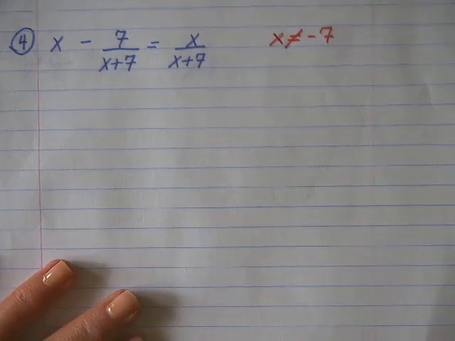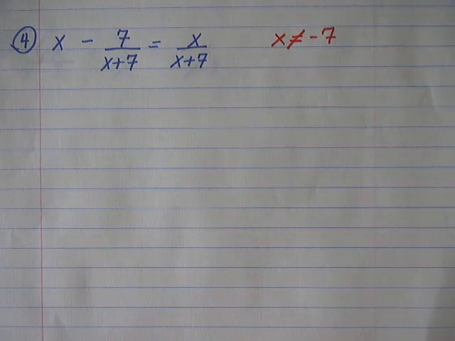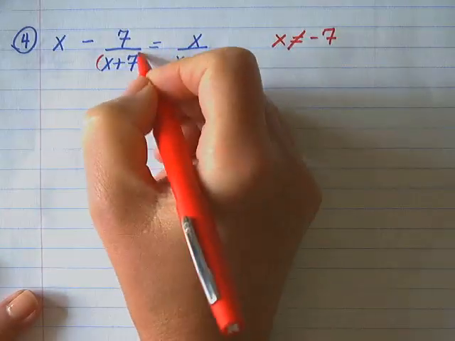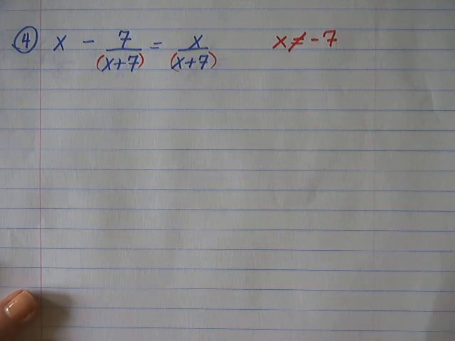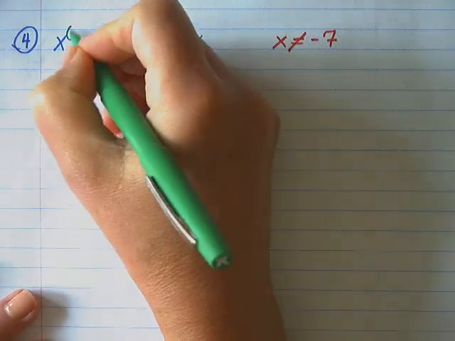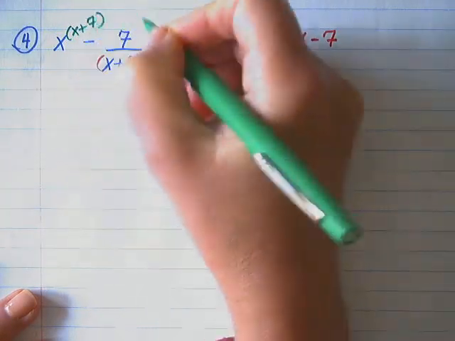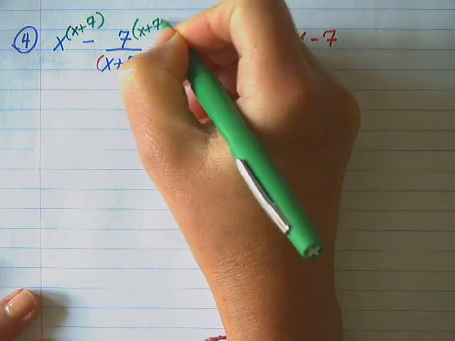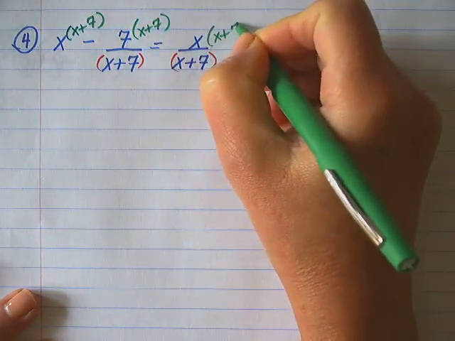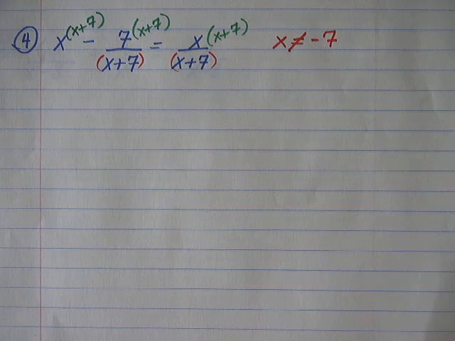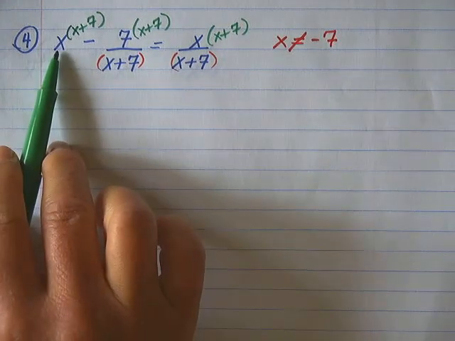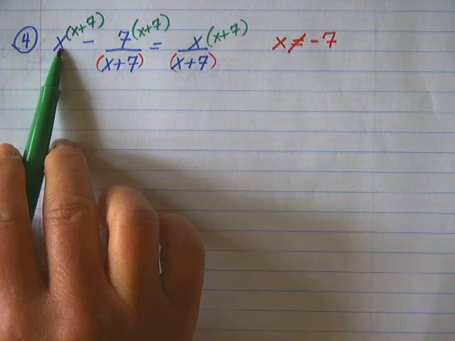That's early, kids, sorry. So what I do is I find the common denominator. This is the common denominator, x plus 7. So I'm going to multiply everything through by x plus 7. Remember what that does? That clears the fractions. But if I skip something, like if I did not multiply this term by x plus 7, it will not work.